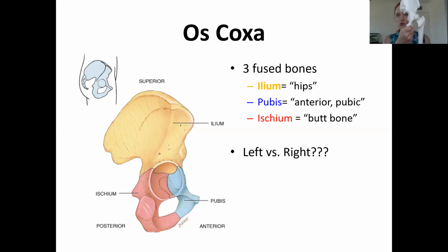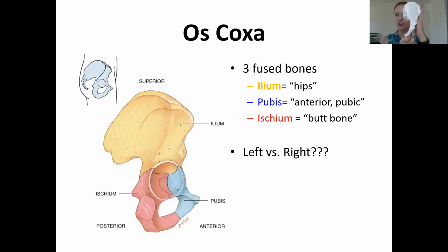So if this is where the femur connects to the body, this socket here, the acetabulum, is this going to be on the medial side or the lateral side? It's got to be the lateral side, right? Because if your leg is going to be connecting to it, your legs are on the outside, not dangling off in the middle.